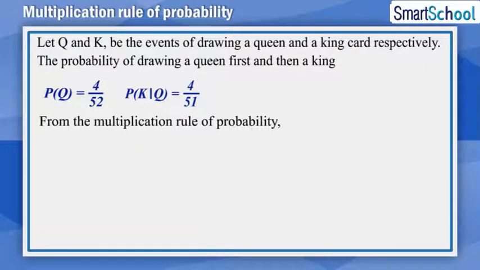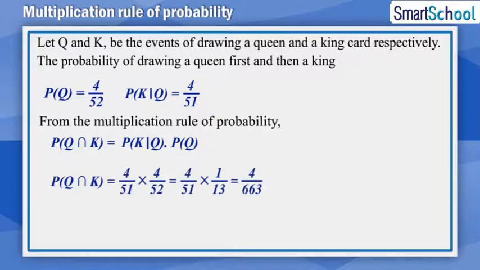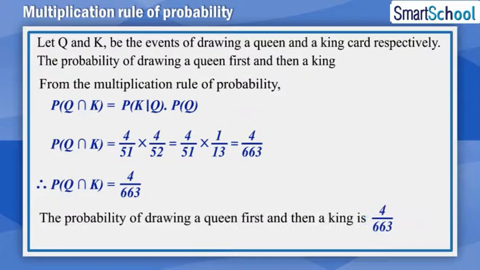From the multiplication rule of probability, we have the probability of Q intersection K is equal to the probability of K given Q into the probability of Q. Substituting the values, we get 4 divided by 663. Therefore, the probability of Q intersection K is equal to 4 divided by 663. Hence, the probability of first drawing a queen card and then a king card is 4 divided by 663.